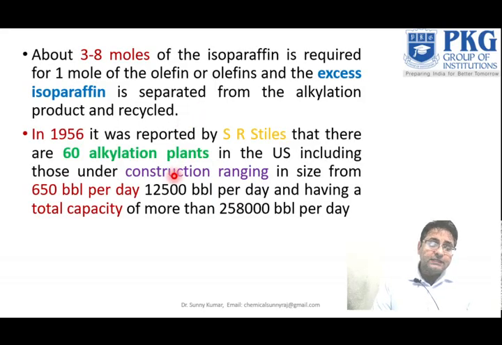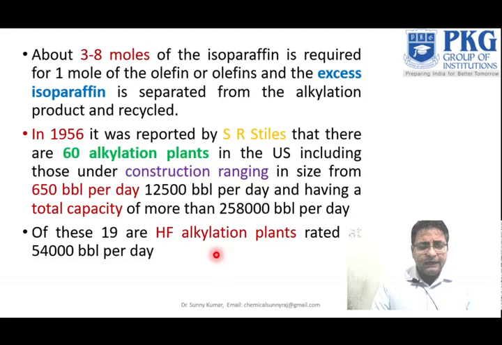So in 1956 it was reported by S.R. Stiles that there are 60 alkylation plants in the US, including those under construction, ranging in size from 650 BBL per day to 12,500 BBL per day, and having a total capacity of more than 2,58,000 BBL per day.